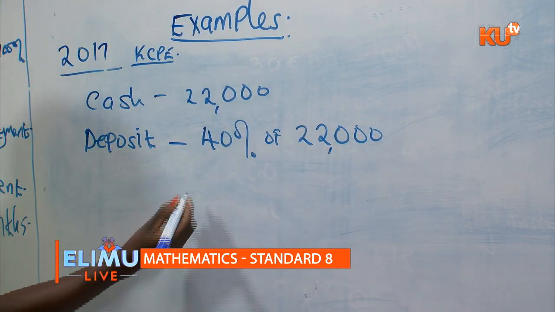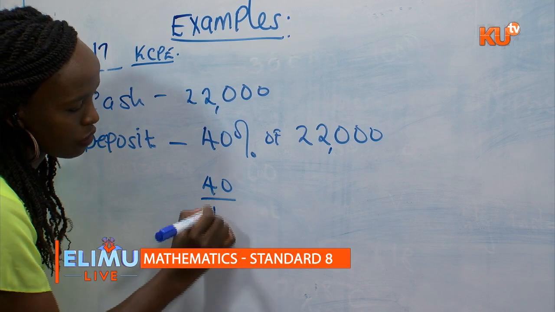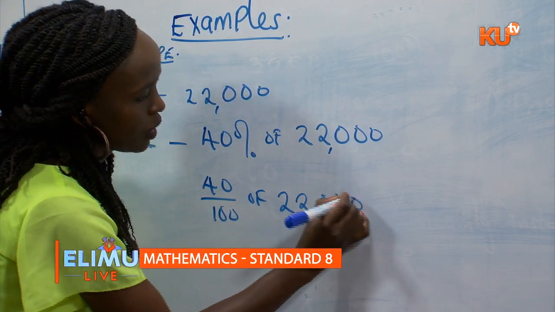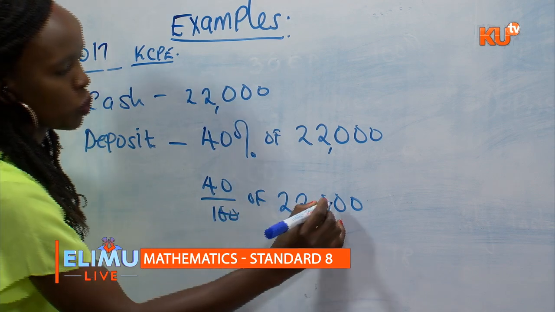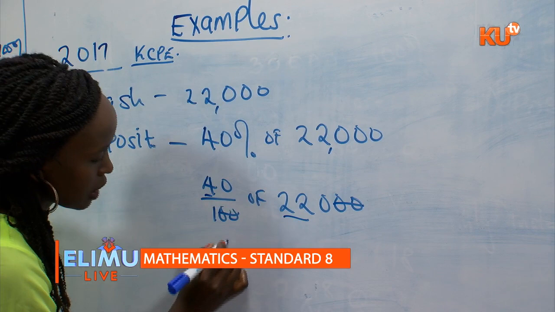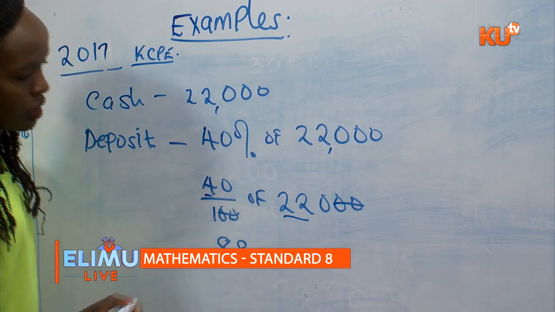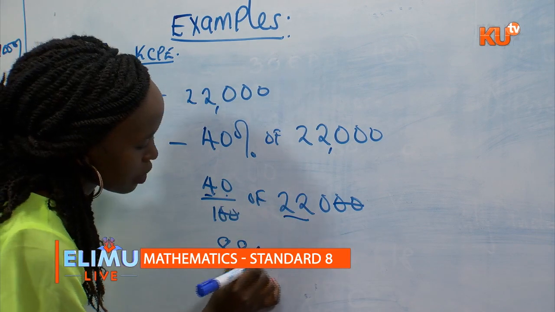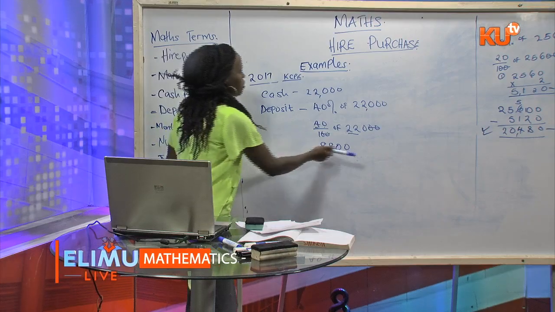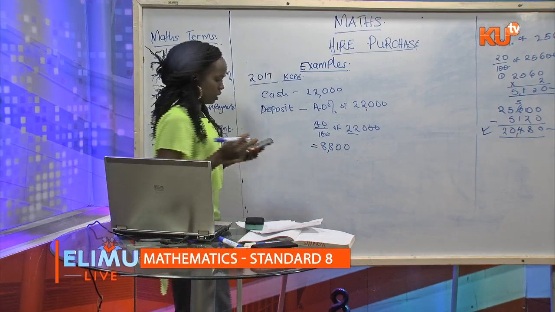So you first of all get the deposit: 40 out of 100 of 22,000. We multiply here. 4 times 22, we get 88. We agreed we're in class 8, and 0 and 0 are powers of 10. So we get 8,800. 8,800 now, that was the deposit.